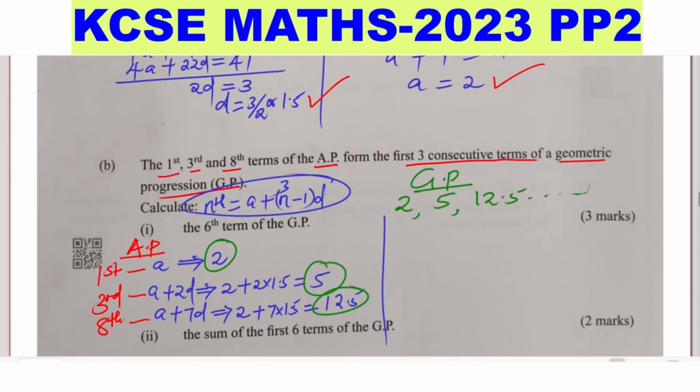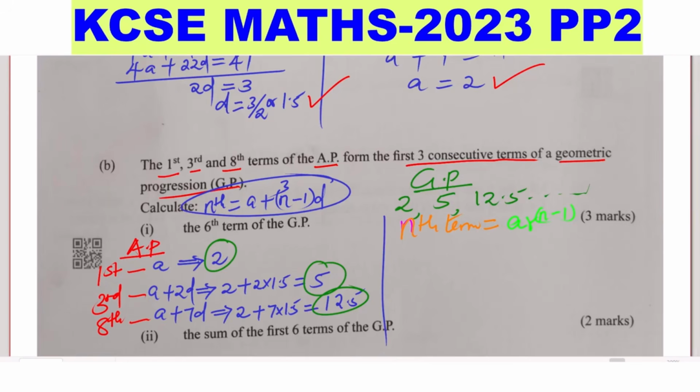Now you're required to get the 6th term of the GP. So to do that, we need to know how do we get the nth term. The nth term of any GP is given by A R raised to power n minus 1. That is how we get the nth term of a GP.